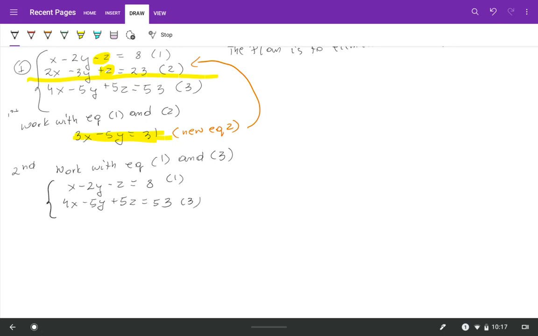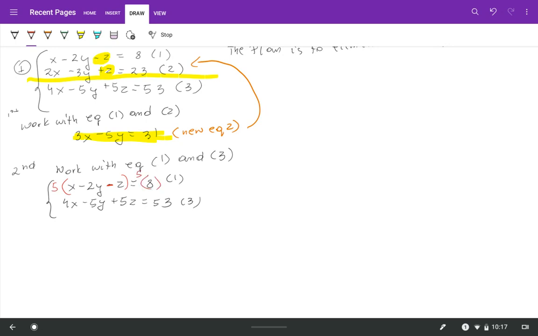The same idea, we want to eliminate z. Right now we have negative z and positive 5z. So in order to do that, I'm going to multiply entire equation 1 by 5.